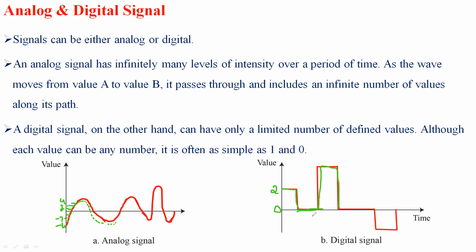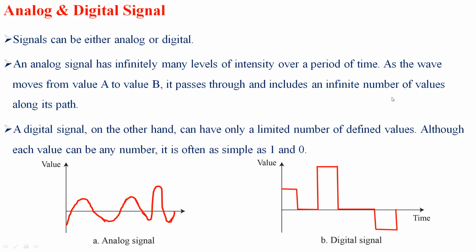So this is about digital signals. This is all about analog as well as digital signals. Signals can be analog or digital. Analog signals can have an infinite number of levels, whereas digital signals can have only a limited number of levels.